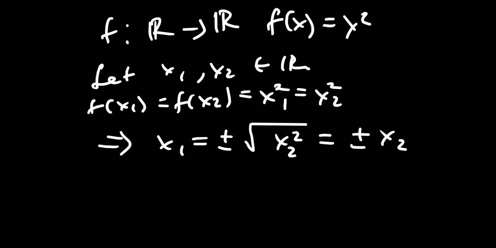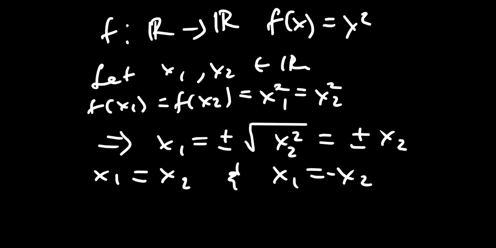Then from there I see that I have two values. I have that x1 is equal to positive x2, and again x1 is equal to negative x2.